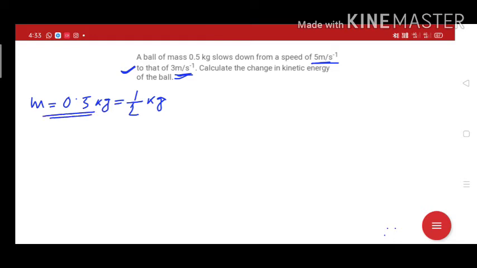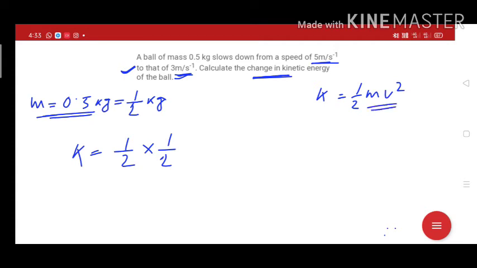So mass is given here, mass is not going to change, so the change in the kinetic energy, they are asking for the change in the kinetic energy. So you can do one thing, you just write half and then the mass, that is half kg. We are putting in the formula K is equal to half mv square. Okay, so we are putting all the values in this formula.